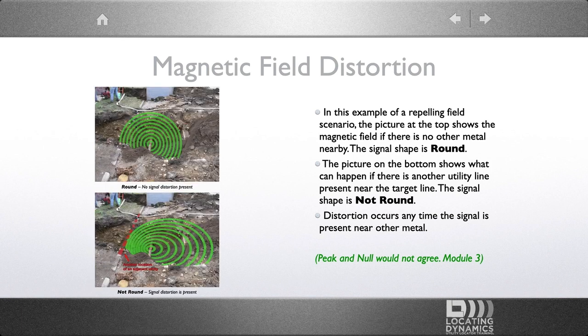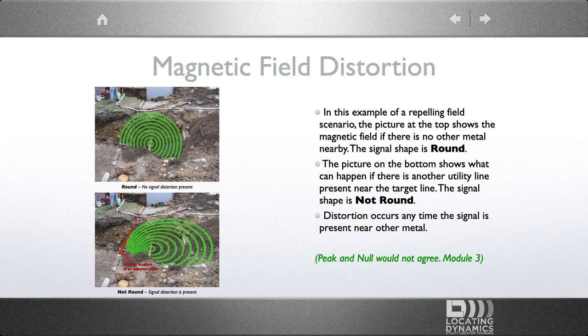In this example of a repelling field scenario, the picture at the top shows the magnetic field if there is no other metal nearby. The signal shape would also be round. No distortion would be present. The picture on the bottom shows what can happen if there is another utility line present near the target line. The signal shape would be not round. Distortion occurs anytime the signal is present near other metal.